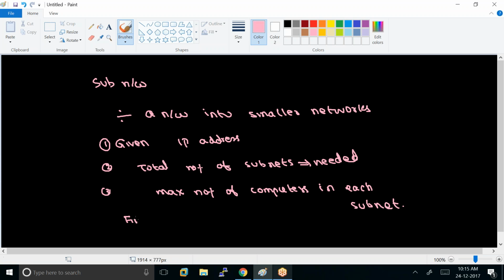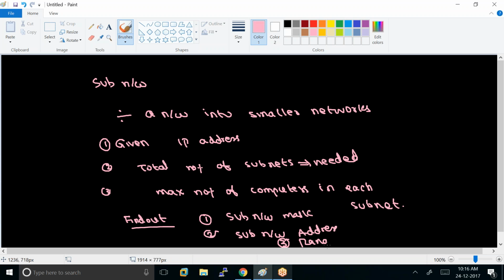What you need to find out? You need to find out three things. One is the subnetwork mask, the subnetwork address, and the range of IP addresses within that subnet.